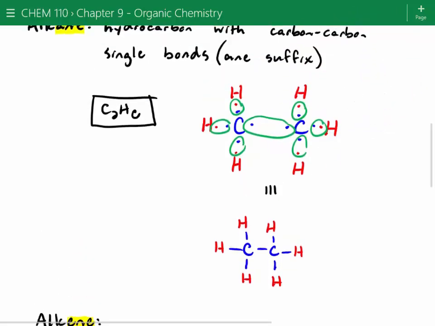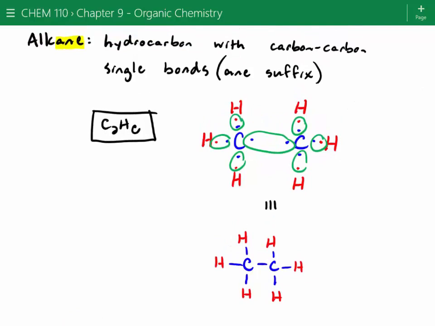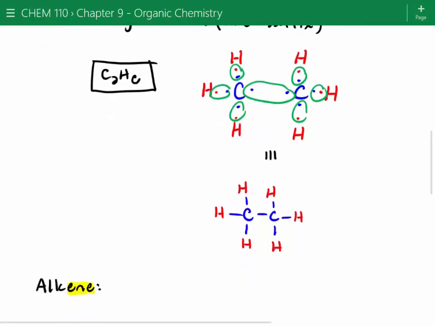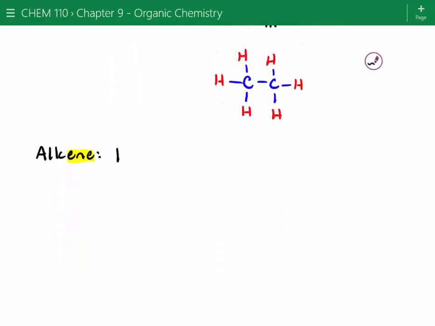And if an alkane is a hydrocarbon with carbon-carbon single bonds, what do you think an alkene is? Yeah, a double bond. So it's a hydrocarbon with carbon-carbon double bonds.